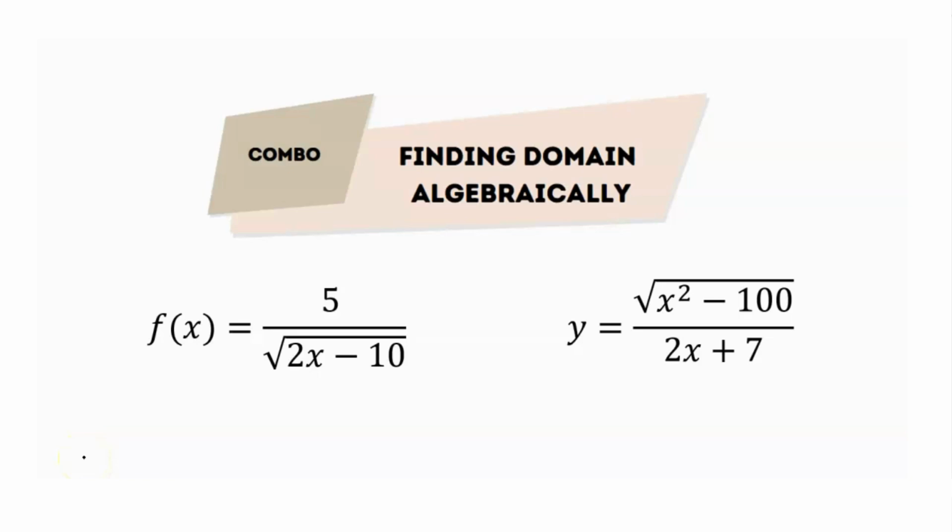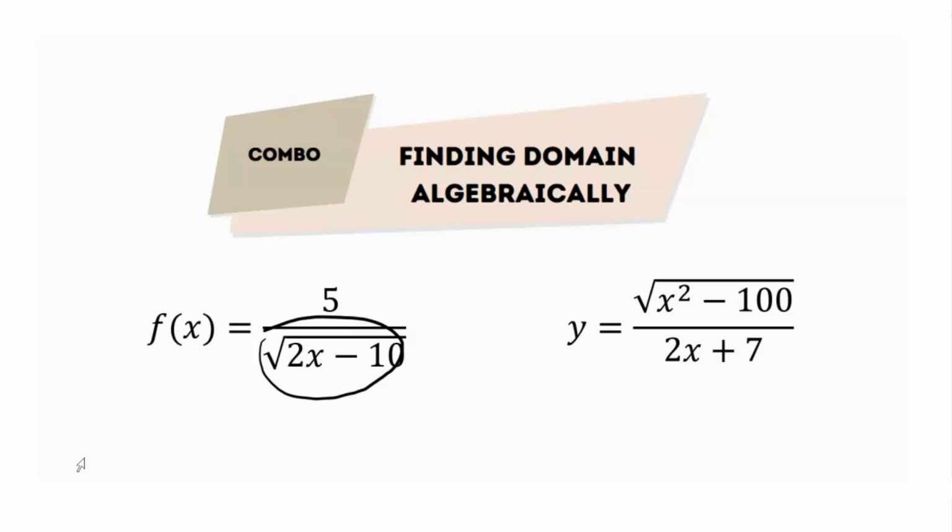Okay, in this last set of examples, we're going to find the domain algebraically, but we're going to use a combination of radicals and rational functions. So what changes in this? Well, I have a radical in the denominator, so I know that I can't divide by 0, but also what's inside the radical has to be greater than 0.